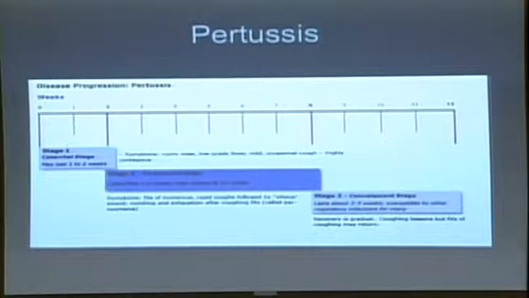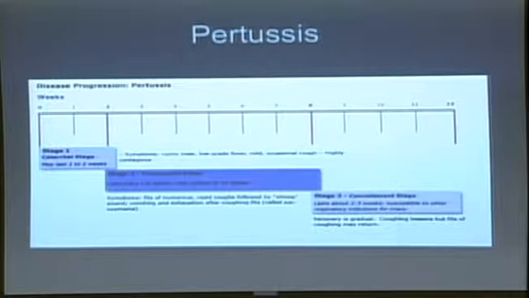Now, the catarrhal phase, the runny nose, snotty nose phase of the sneezing is usually 1 to 2 weeks, like a common cold. So you think you got a cold. A cold normally goes away within about 10 days. So 1 to 2 weeks of this, and then you start having paroxysms of cough.